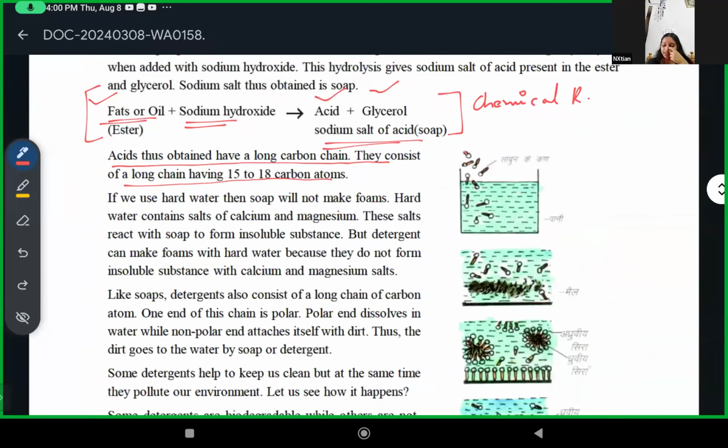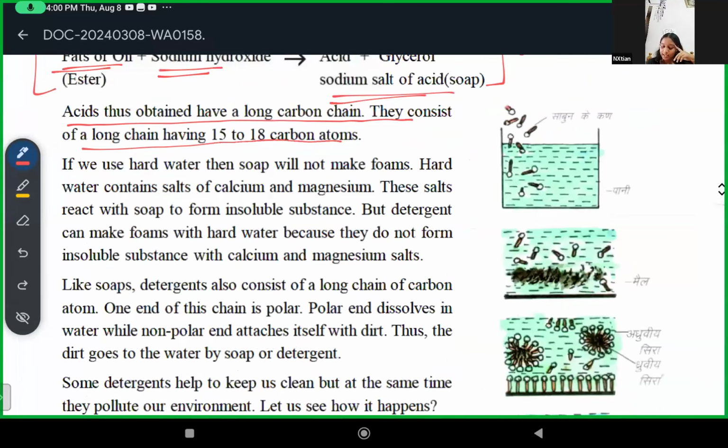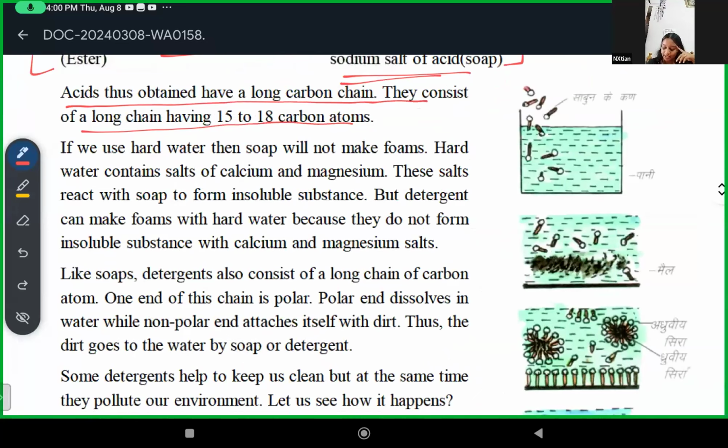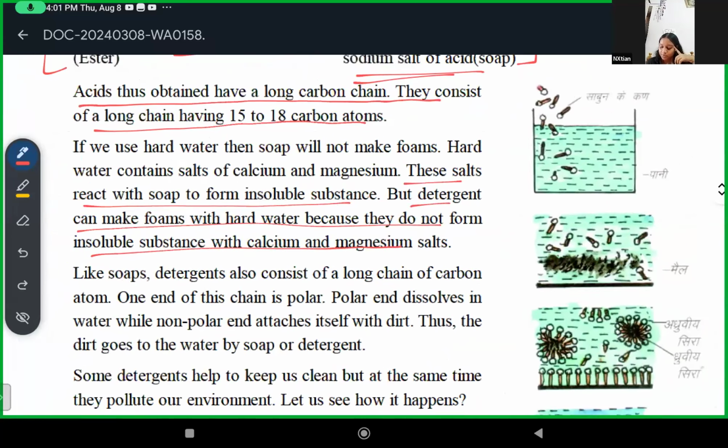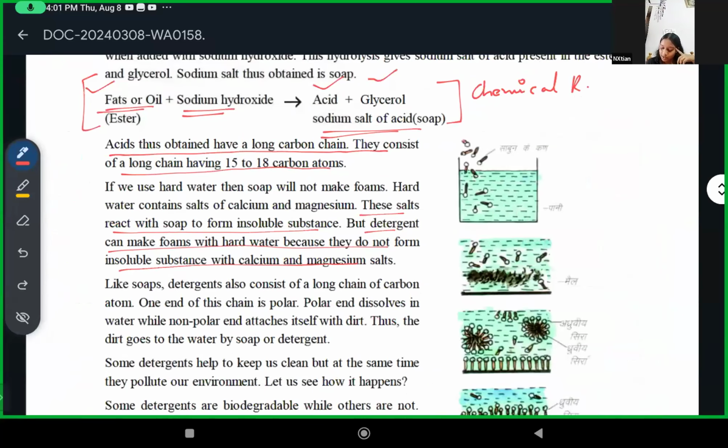If we use hard water, then soap will not make foam. Hard water contains salts of calcium and magnesium. These salts react with soap to form an insoluble substance, but detergent can make foam with hard water because it does not form insoluble substances with calcium and magnesium salts.